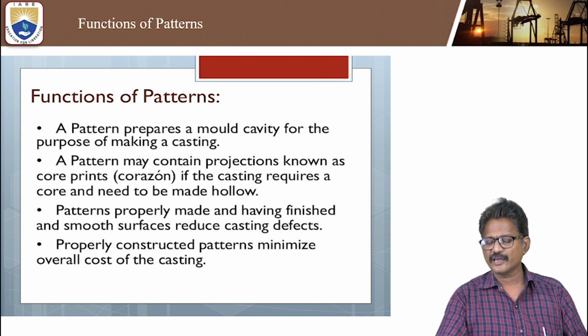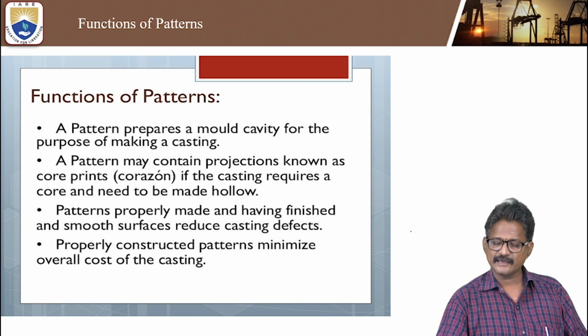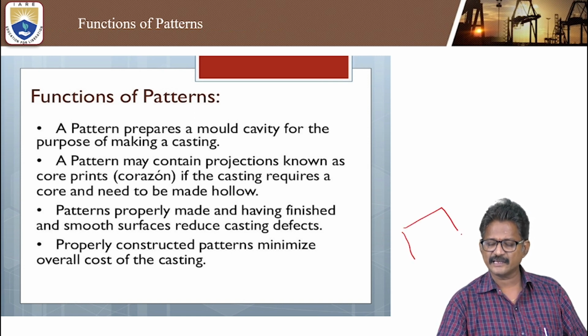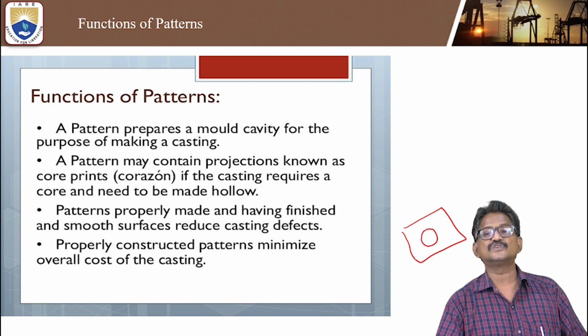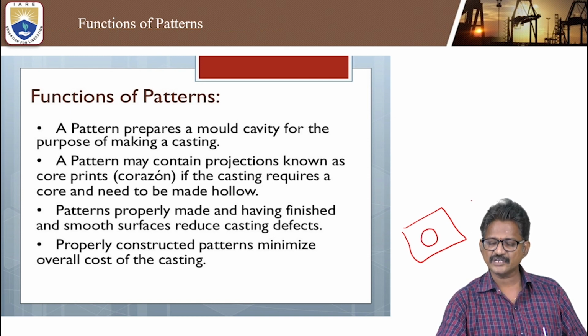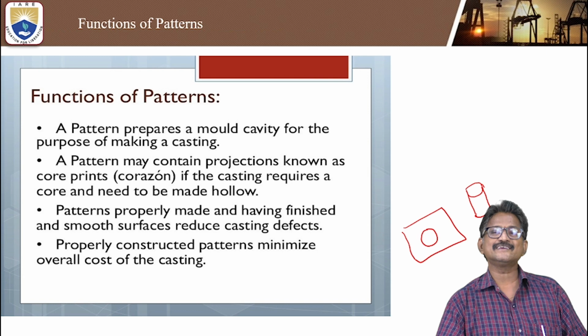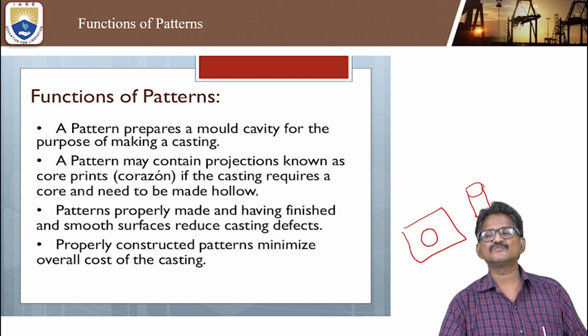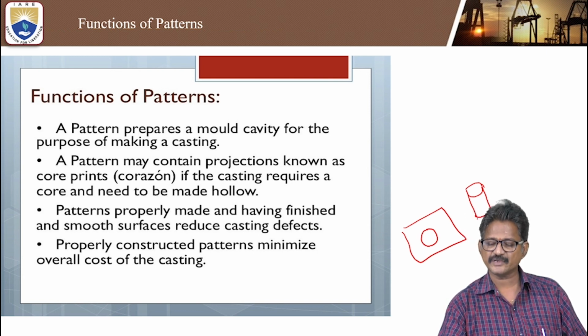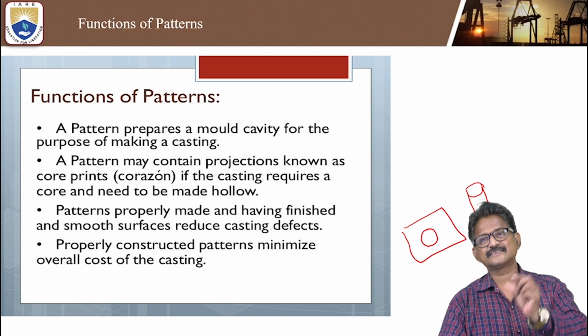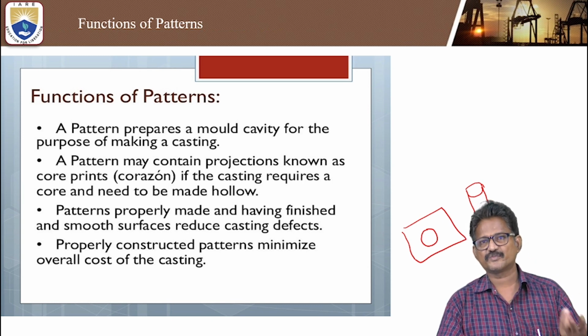When a rectangular component needs a hollow portion, you can use cores. By putting the cores in the mold cavities, some core prints or projections can be made. That extra projection we call core prints.